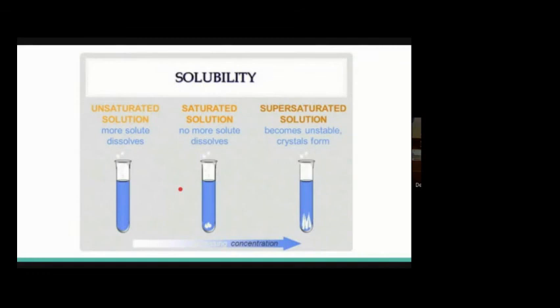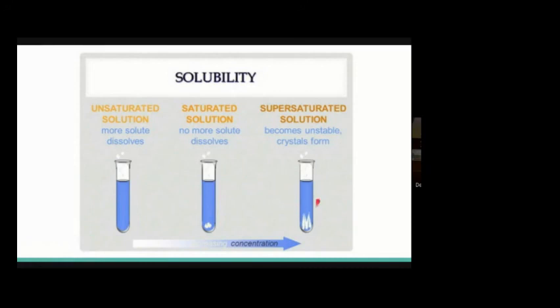Okay, so what these three diagrams are showing you then are the difference between unsaturated, saturated, and supersaturated. But one thing I want to caution you about as you look at these is that this is what they look like after you add that next crystal. So they all start out looking like this. Even the saturated solution starts out looking like this.